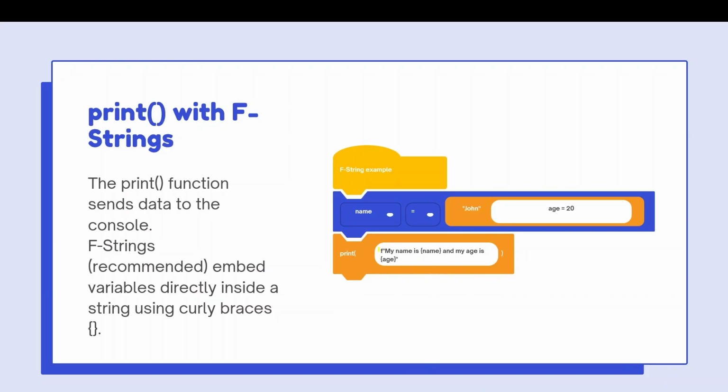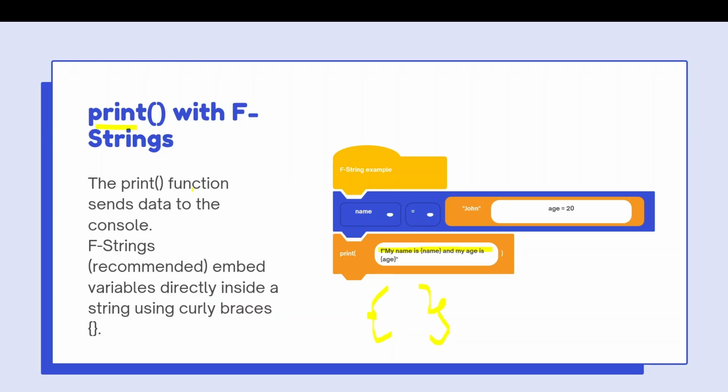As you can see here, f quoted: my name is name and my age is age. And why are we using these curly braces here? What is the use of these curly braces? Let's start this topic.